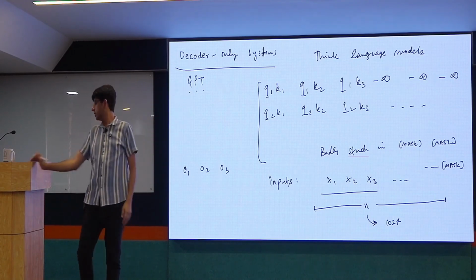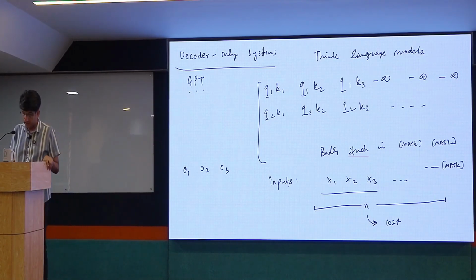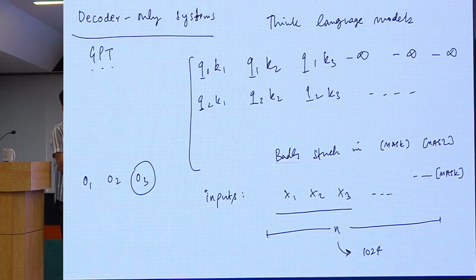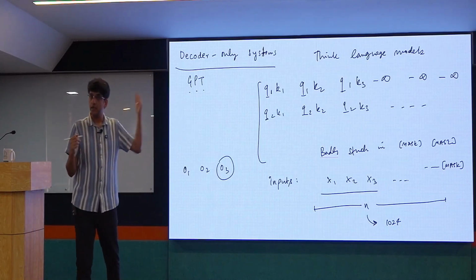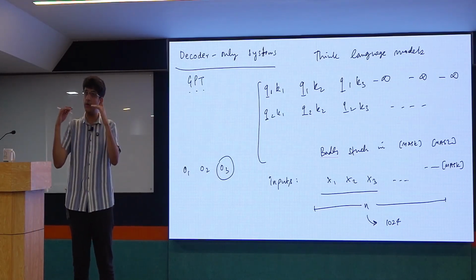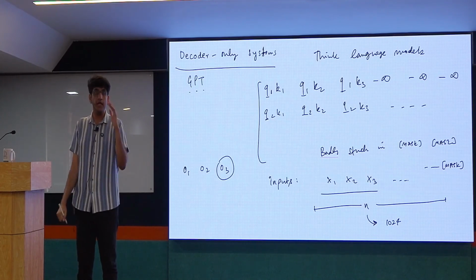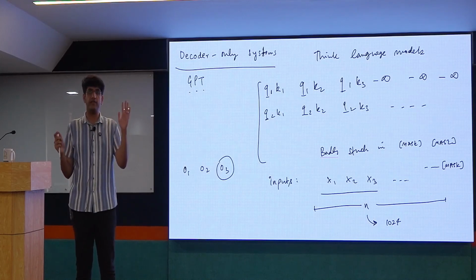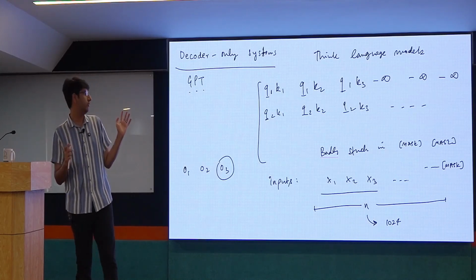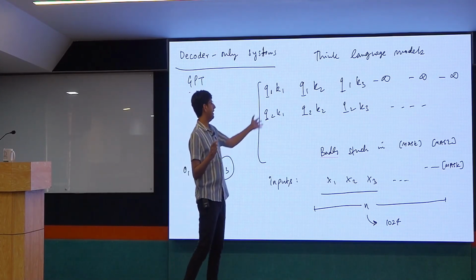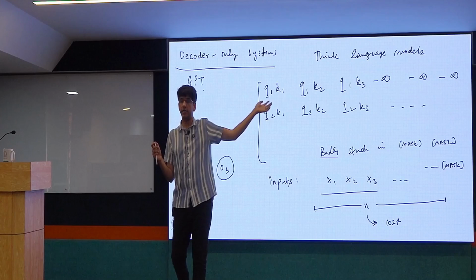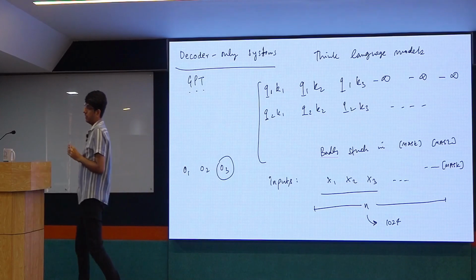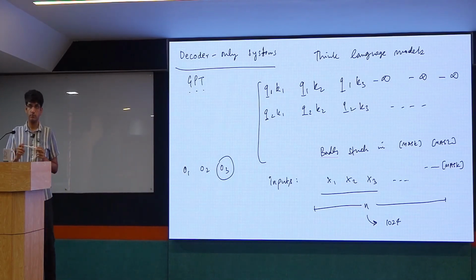You will use O3's representation to predict the next word, right? And whatever that next word is, you will include that in your input and do this again. So the decoder is still auto-regressive in the sense that it will generate a token, and then that token will be consumed. Got it?